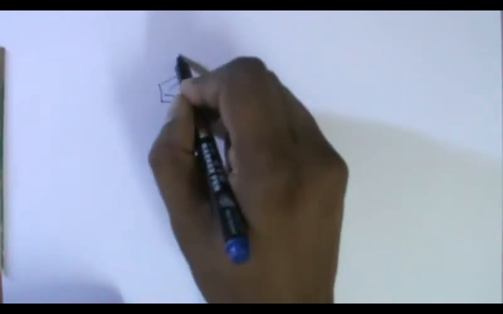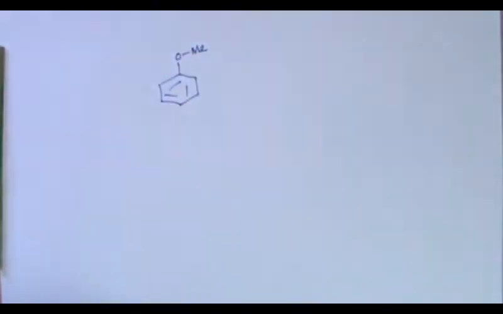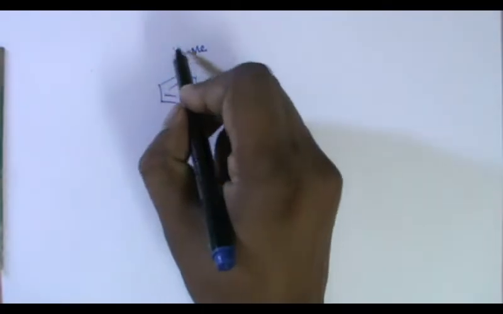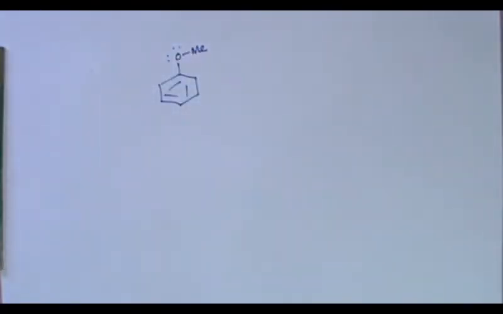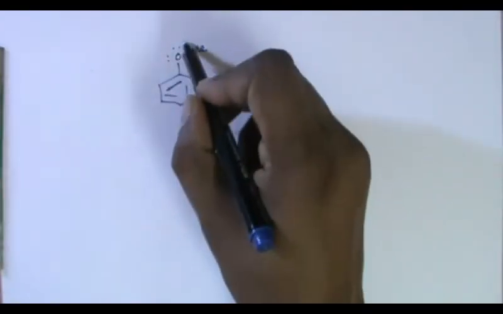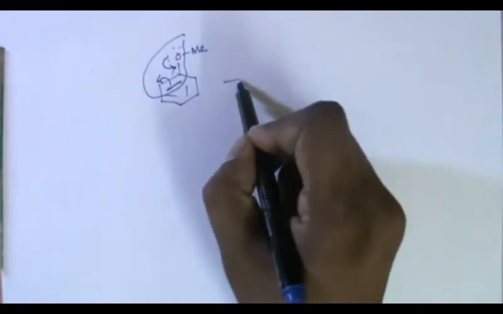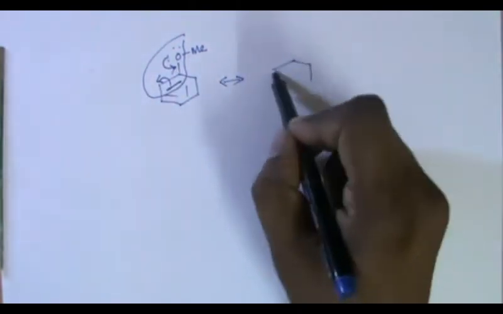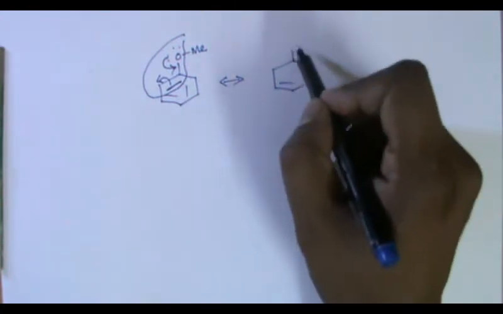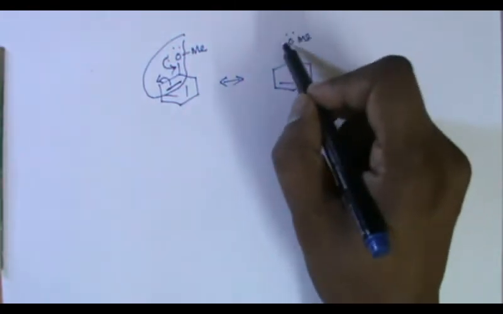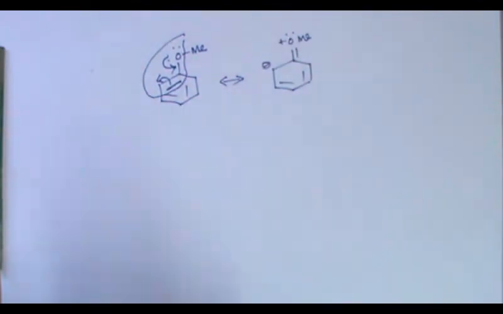Let me go to another substrate, anisole. It has two lone pairs of electrons. If you look at this system, it is vinyl methyl ether. Now this lone pair can come here, so we get a minus charge like this.